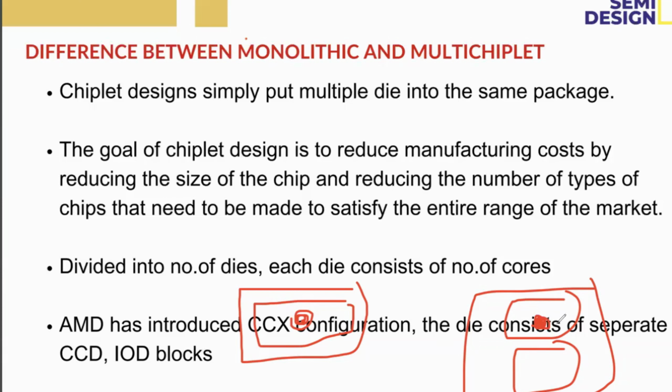No, there are 2 dice. So this die is good and this die is defective, so we can check only this die. We don't need to check the entire chip. That's why the yield percentage is high here, whereas monolithic yield percentage is low, so the overall chip defect will be high and we cannot capture it easily.